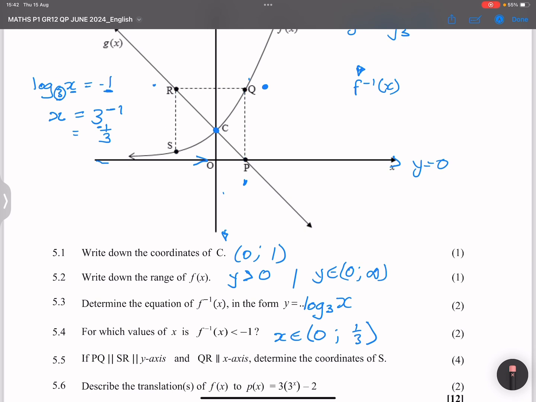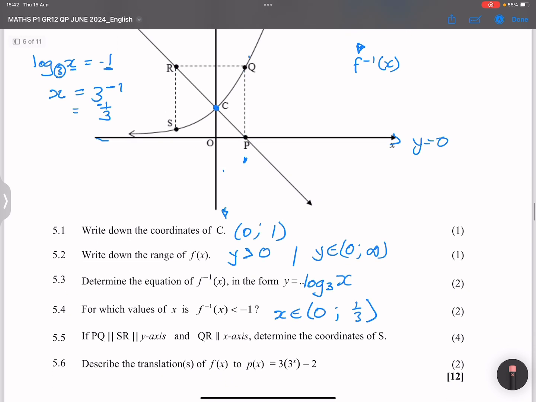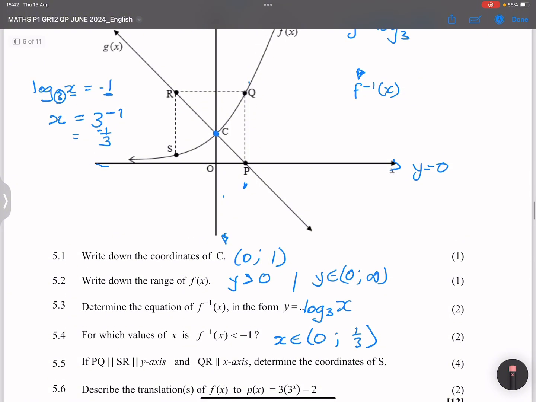Let's look at what they want us to obtain. They say determine the coordinates of S. To get the coordinates of S, let's first establish the y value. S shares the same x value with R, so we need to find the x value of that graph.